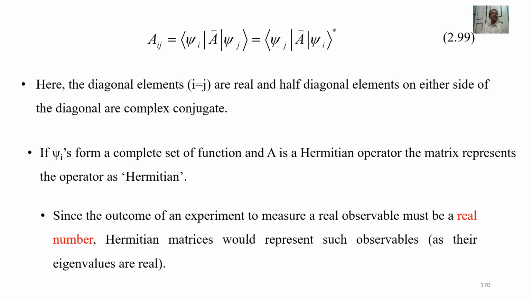Here the diagonal elements, i equals j, are real, and the off-diagonal elements on either side will be complex numbers or complex conjugates. The psi i form a complete set of functions, and A is the Hermitian operator. The matrix represents the operator as Hermitian. Since the outcome of an experiment to measure a real observable must be a real number, Hermitian matrices would represent such observables, as their eigenvalues are real.